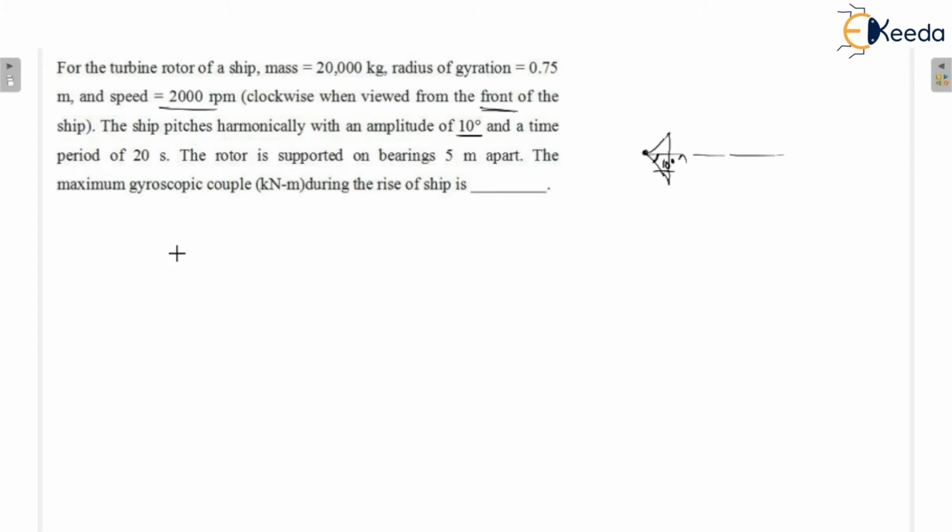So if the time period is given, we can calculate the angular velocity because there is a simple harmonic motion. So angular velocity of SHM, we can calculate omega 1 is equal to 2 pi upon Tp, where Tp is the time period, that is 20 seconds, so that is 2 pi upon 20.